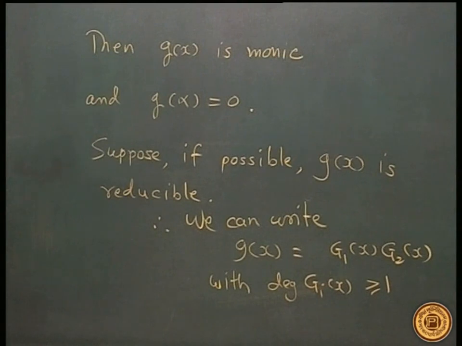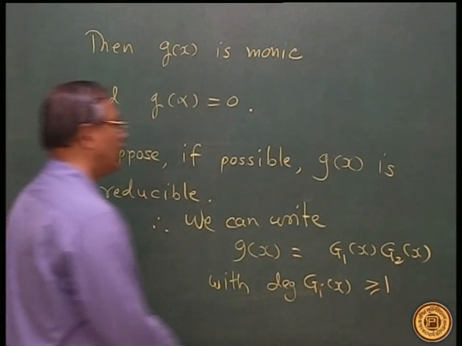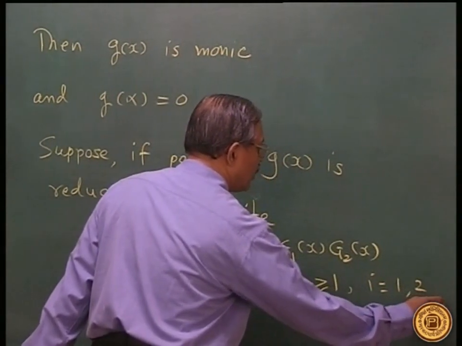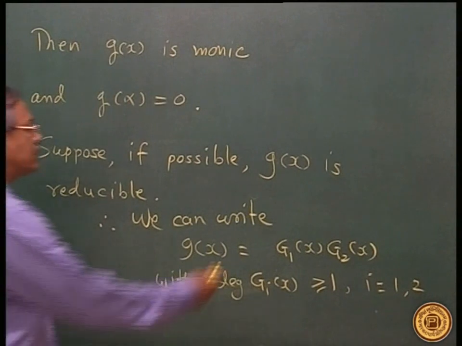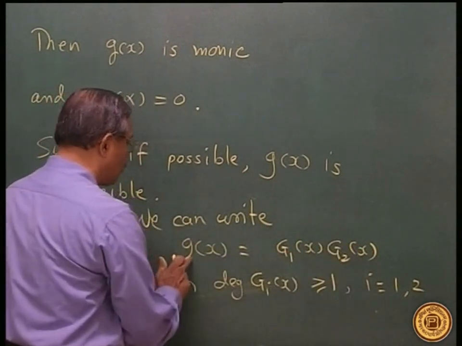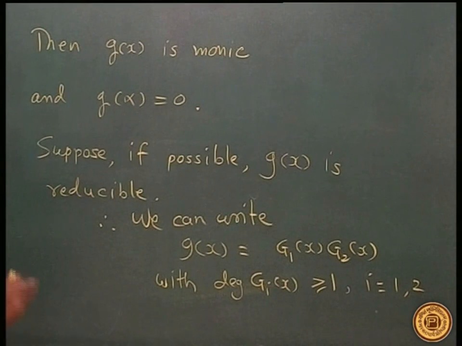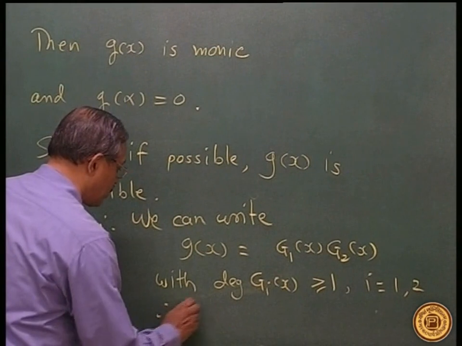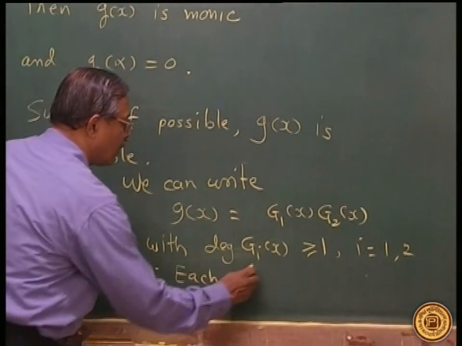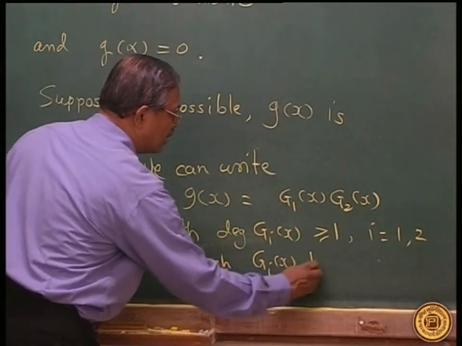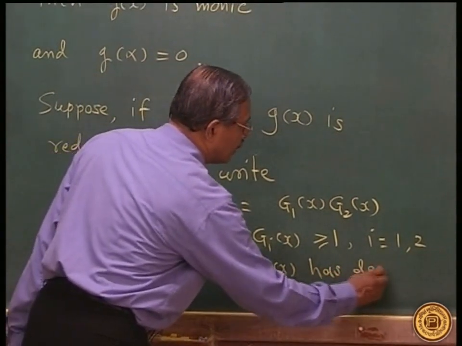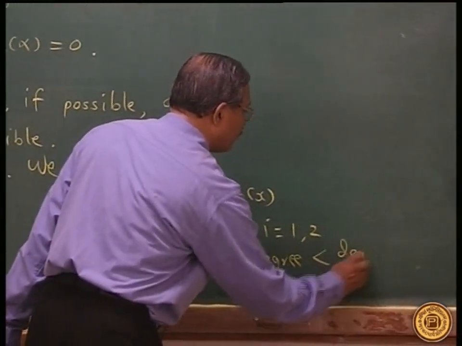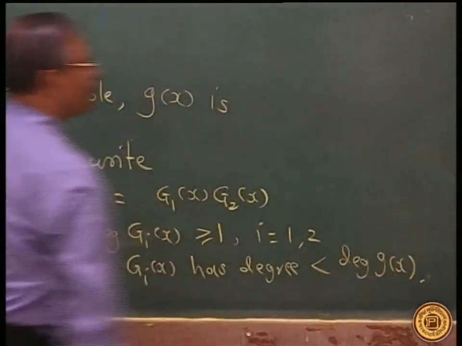Each of G1(x) and G2(x) has degree bigger or equal to 1. It also means that the sum of the degrees of these two is equal to the degree of g. So each has degree smaller than that of g. Therefore each Gi(x) has degree less than the degree of g(x).